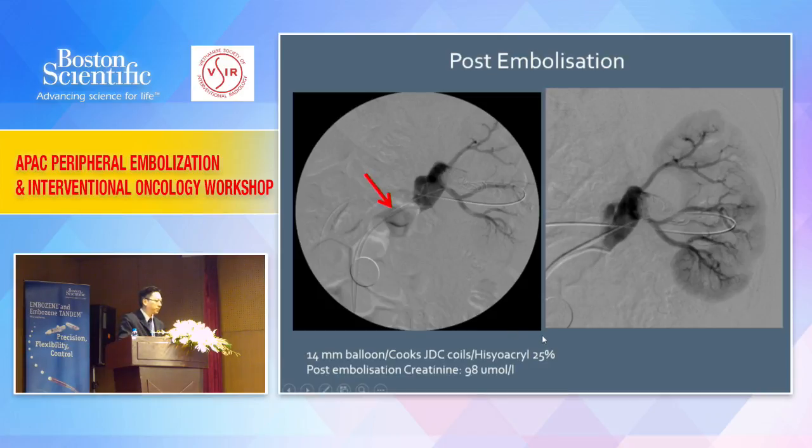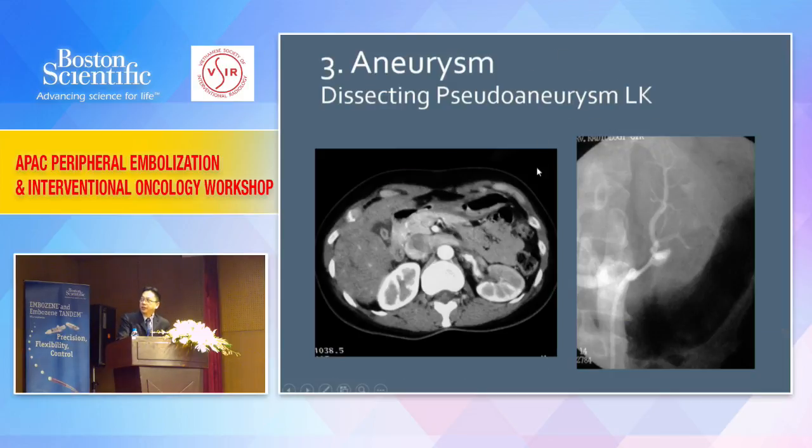It worked very well. Okay, this is what we should follow, and you see that the renal cortex actually returns. This was chronically ischemic, but after some time the kidney function went back to normal. How about this aneurysm? A dissecting aneurysm in the distal main renal artery.